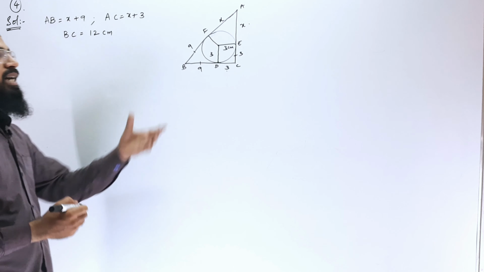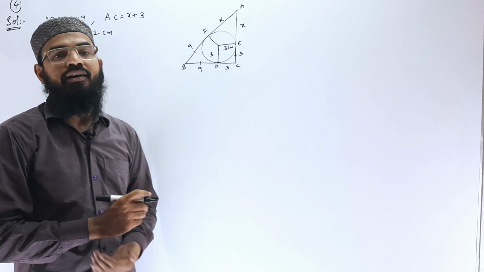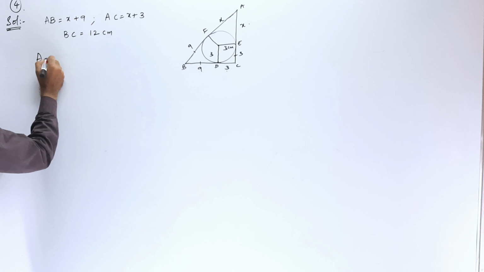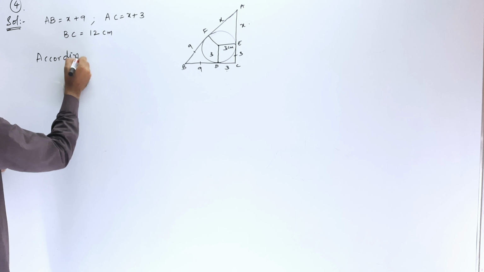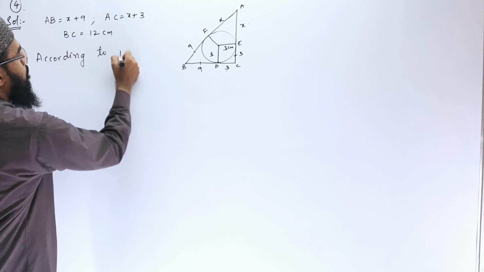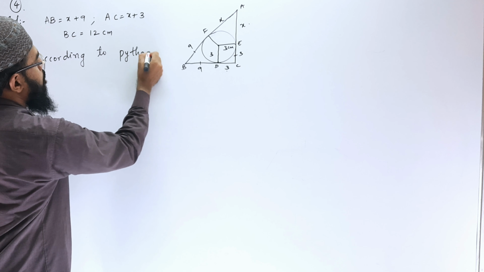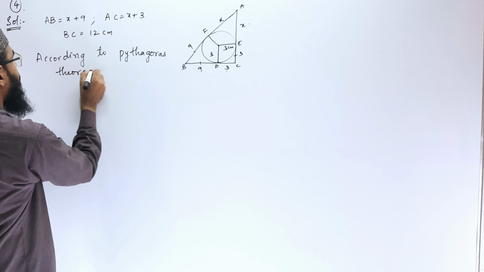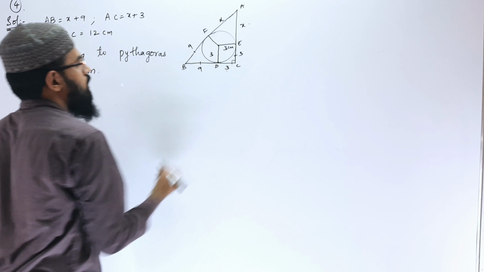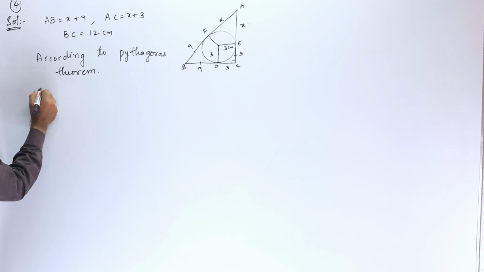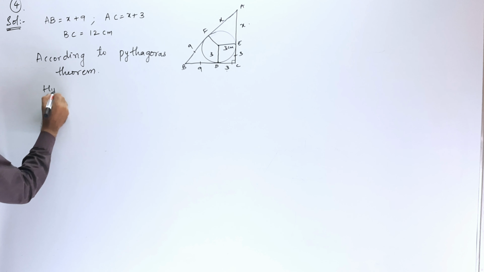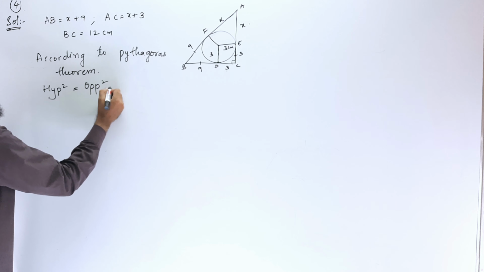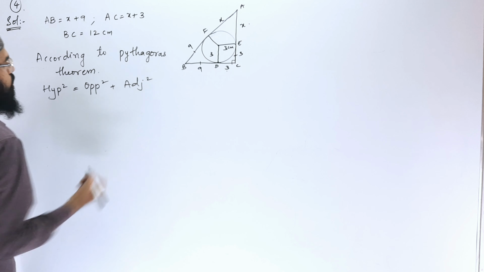After getting sides, as this is a right angle triangle, we can apply Pythagoras theorem. Here it is 90 degrees. So hypotenuse square is equals to opposite square plus adjacent square.